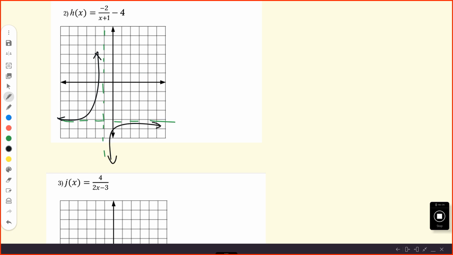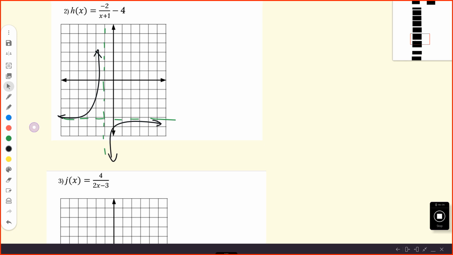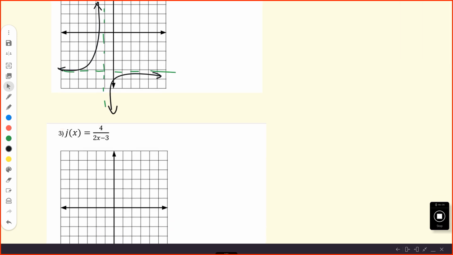Okay, so that's the estimate of the graph. And then you'll do number 3 as your practice.